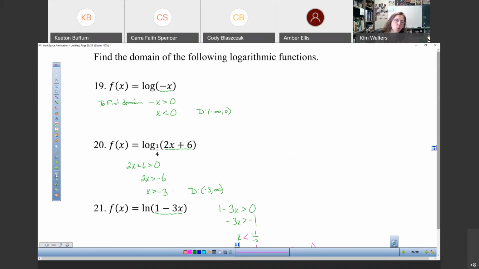We're going to take the same stuff we did in section 5.2, and we're going to talk about logarithms and their properties and how to expand them and condense them and do some manipulations with them. And then in the last section of this chapter, we're going to talk about solving equations with them.